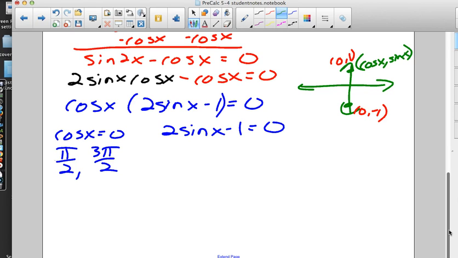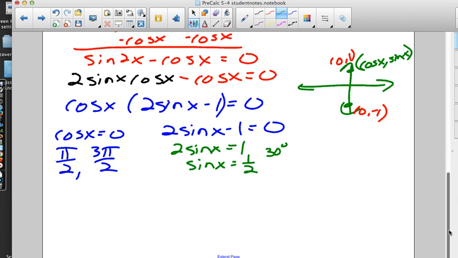Let's try this one. Let's see, if we add 1 and divide by 2, sine of x equals 1/2. So sine is opposite, so that means the opposite side would be a 1. That makes that a 30-degree angle, because the 1 is always opposite the 30-degree angle.